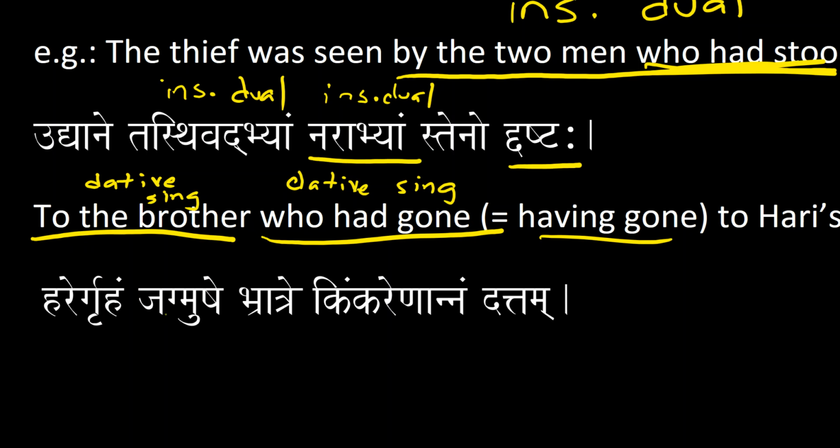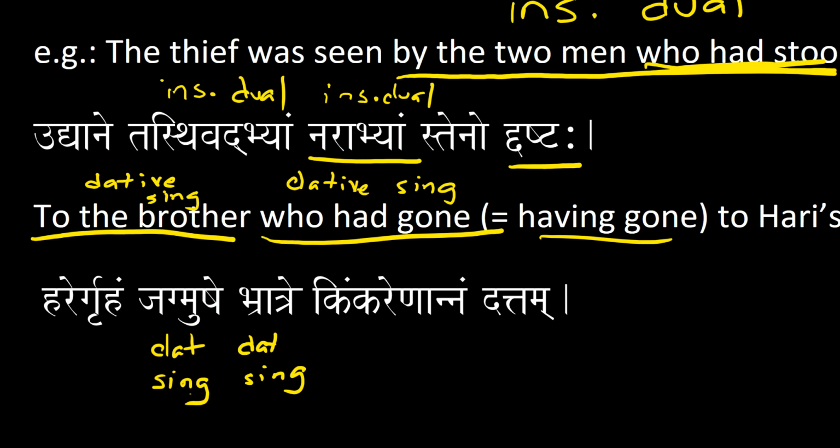So we have Hare Griham, then we have Jagmoshe Bhratre. Bhratre is to the brother, that's dative singular. And then Jagmoshe is dative singular.